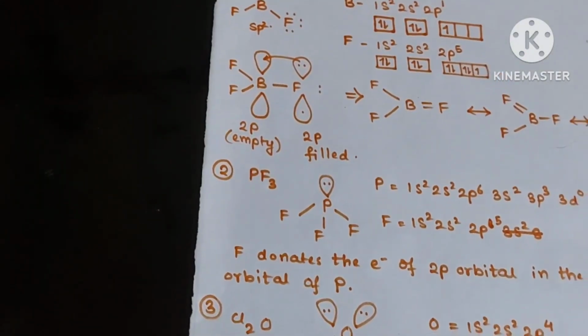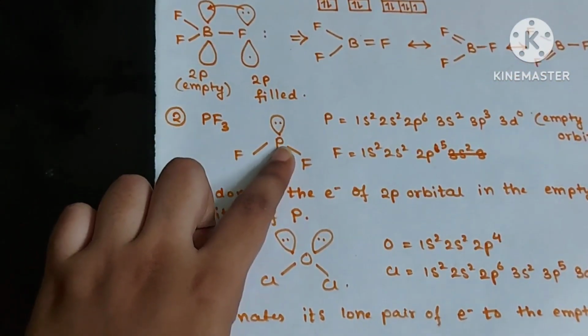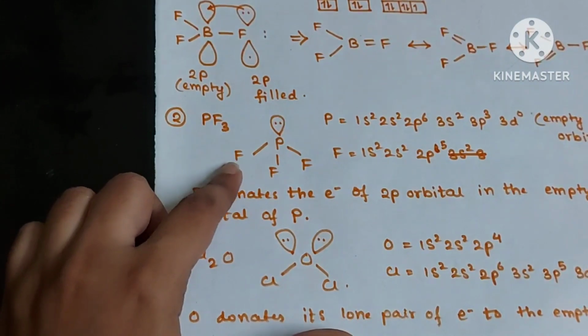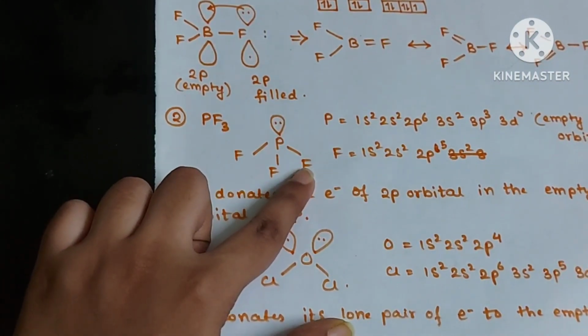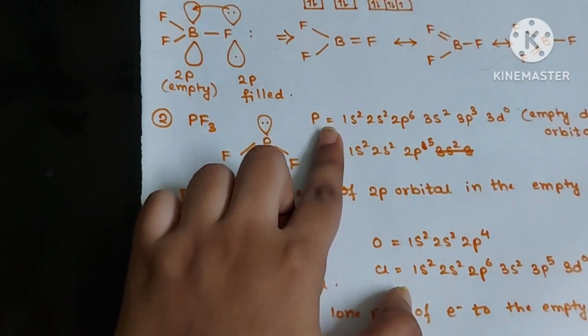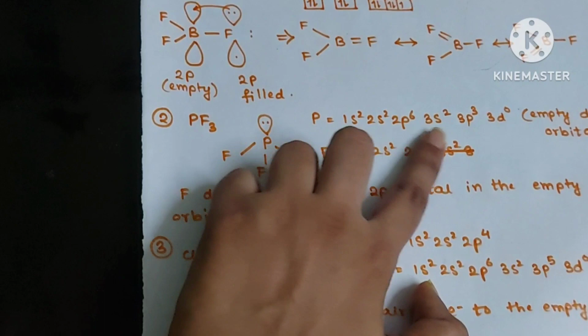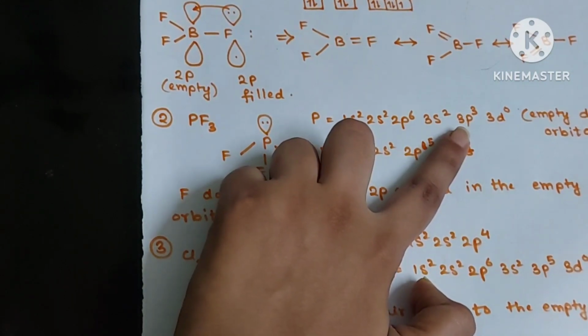So here the next example is of PF3. Here P is having a lone pair and it is bonded to 3 fluorine atoms. What is the electronic configuration of phosphorus? 1s2, 2s2, 2p6, 3s2, 3p3, 3d0.